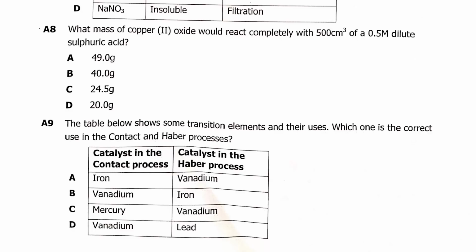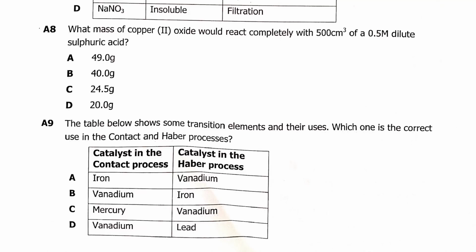What mass of copper 2 oxide would react completely with 500 centimeters cubed of a 0.5 molarity dilute sulfuric acid? So when you look at the question, you've been asked to find the mass of copper 2 oxide that would react completely with 500 centimeters cubed of a 0.5 molarity dilute sulfuric acid.